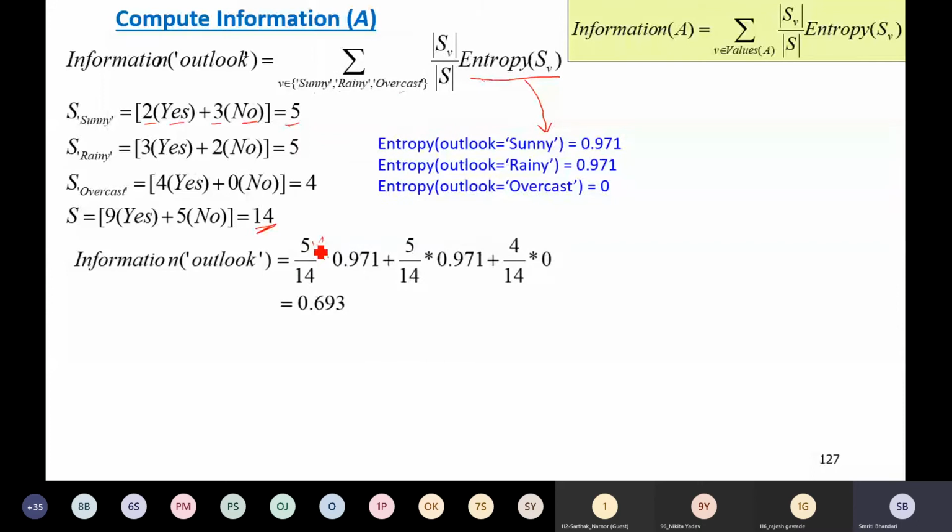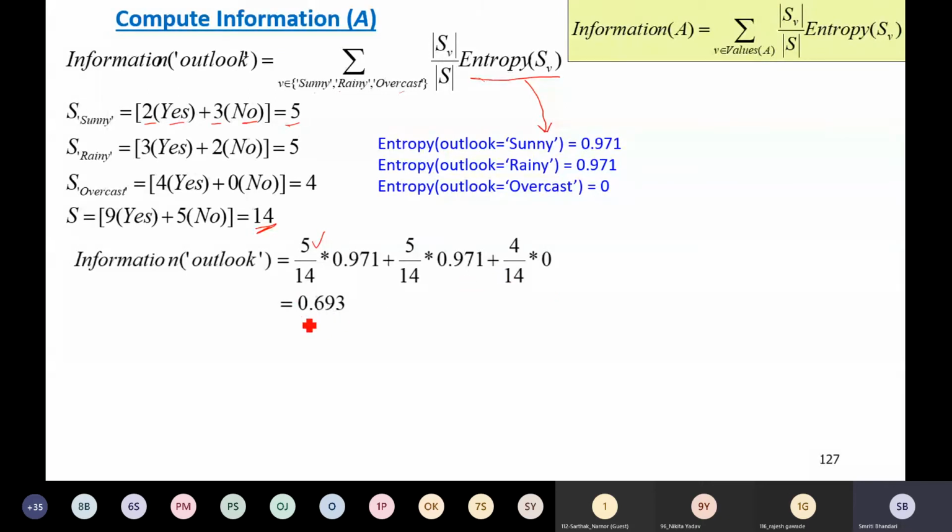So this is Sv for value sunny, 5 divided by S, 14, into entropy for outlook equal to sunny, that is 0.971, plus once again for rainy, S rainy divided by S into the entropy for rainy, plus for overcast, S overcast divided by S into the entropy that we have computed for overcast.